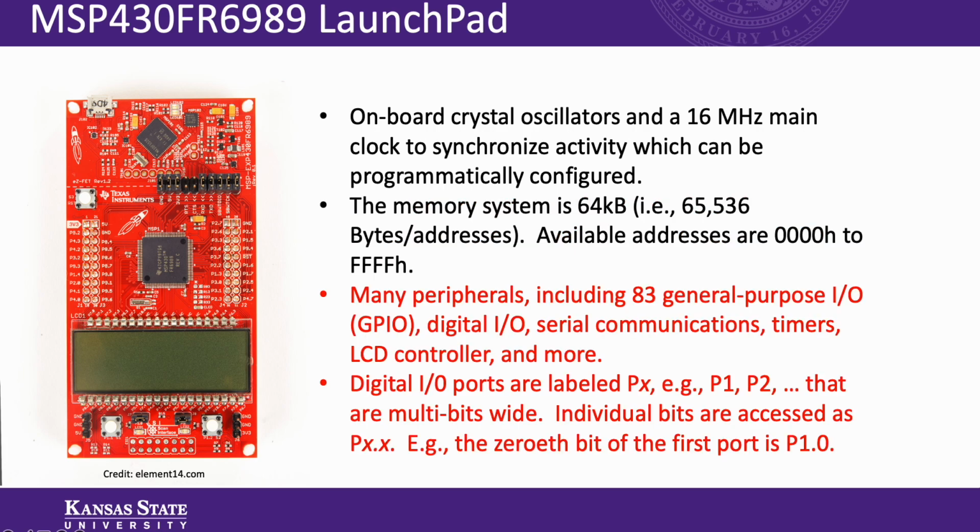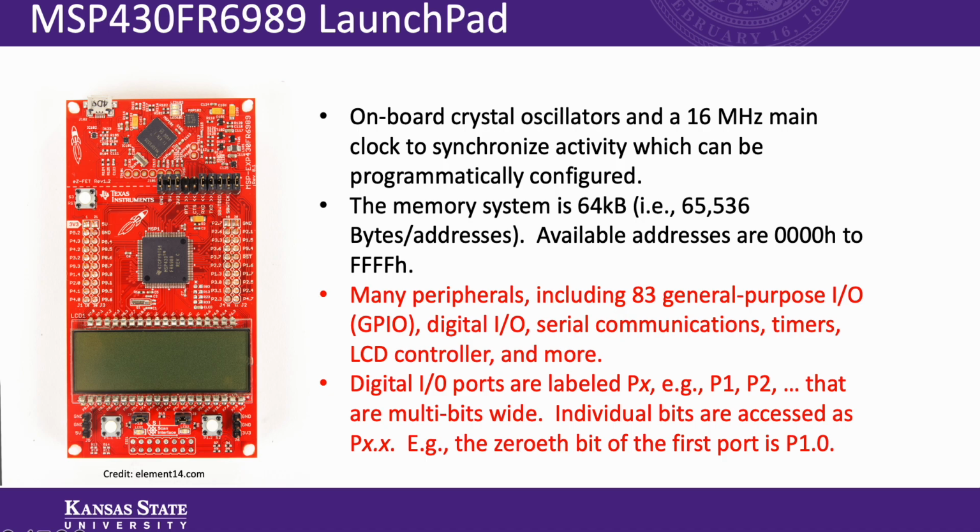Additionally, the board is loaded with general purpose I/O and digital I/O, serial communications, timers, an LCD controller, and there are a lot more goodies. So please note, though, that the digital I/O, which we will need early on, are labeled as capital P, X, where X is an integer beginning at 1. So, for example, P1 refers to the first port, P2 the second.